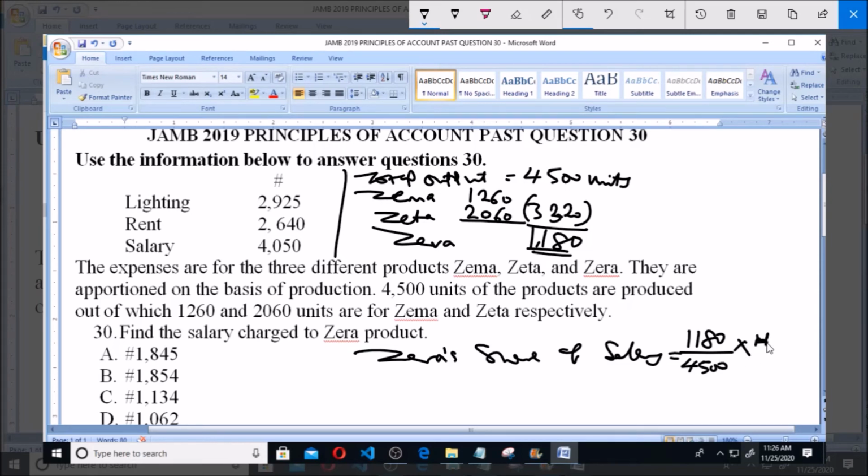Salary is naira 4050 over 1. So this will be equal to naira 1062. Option D is the right answer.